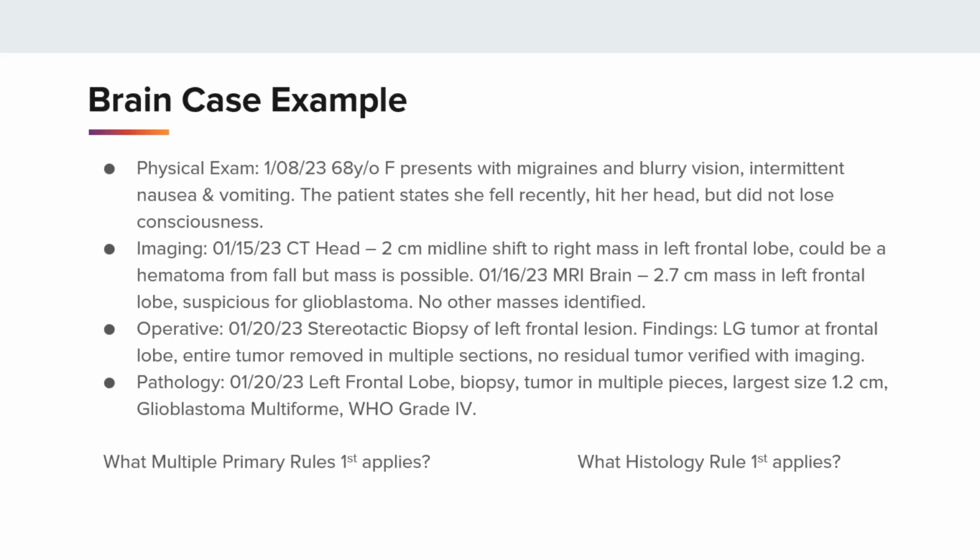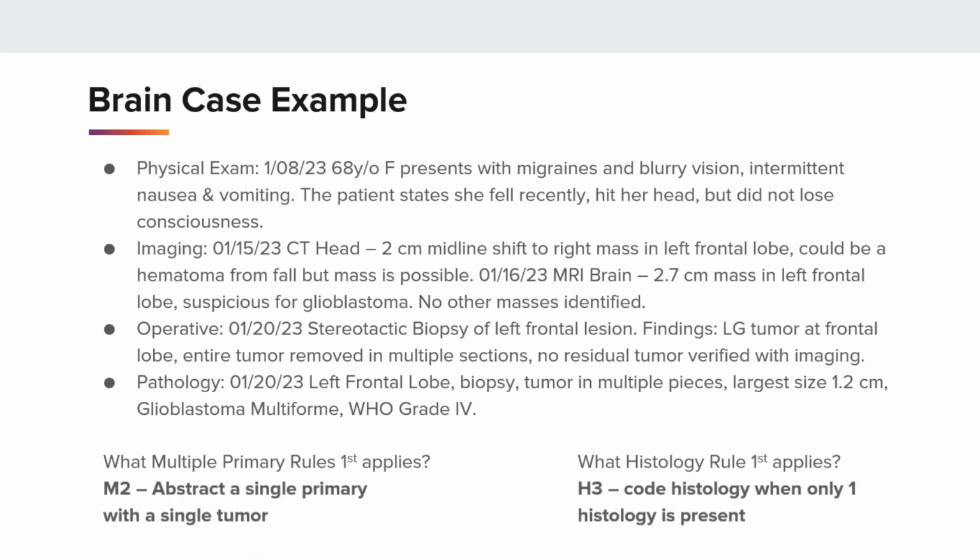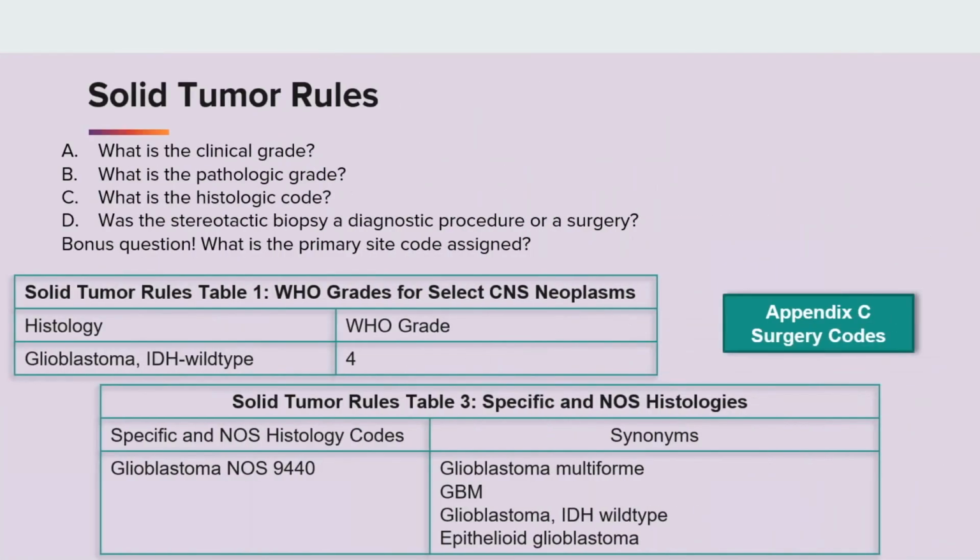So let's see if we can answer a few more questions based on this same case. What is the clinical grade? Glioblastoma is mentioned in the imaging, so we can verify the clinical WHO grade by checking Table 1 in the Solid Tumor Rules in the Malignant CNS chapter. What is the pathologic grade? Glioblastoma multiforme is mentioned in the pathology report.